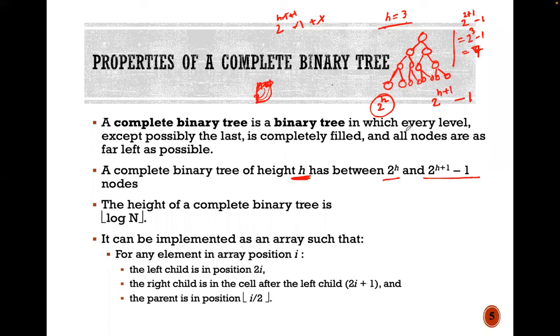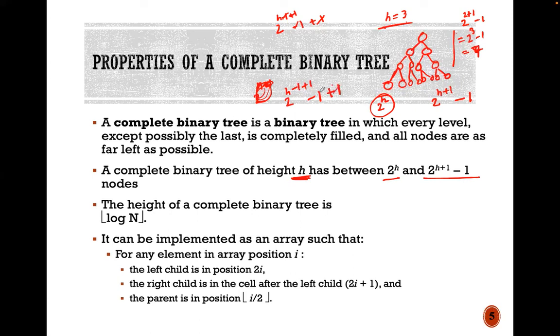This 2 to the power h comes from the following: if we have a completely filled tree with height h minus 1, the maximum number of nodes is 2 to the power h minus 1 plus 1, minus 1. Now when we have a complete binary tree with height h, we find the minimum number of nodes by adding one node.